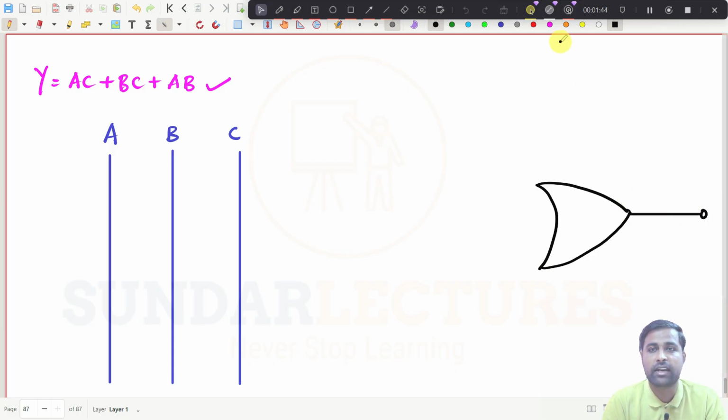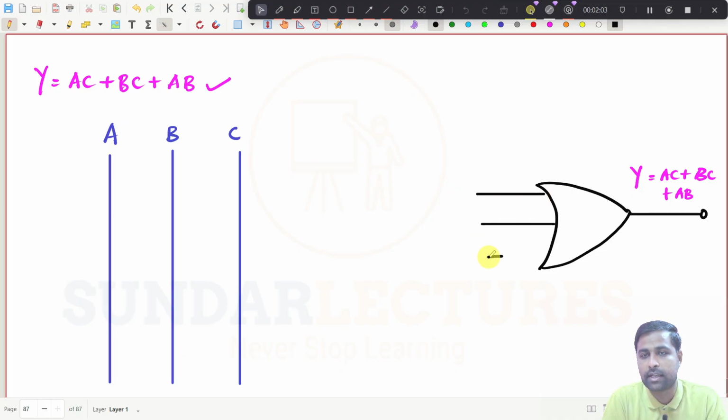This is the OR gate, and this is Y. This equation comes here, which means AC plus BC plus AB. So you should have three inputs: 1, 2, and then 3. What are all the values now? This is AC, this is BC, and this is AB.